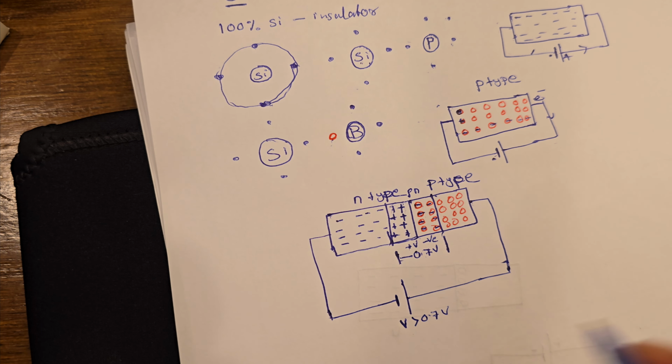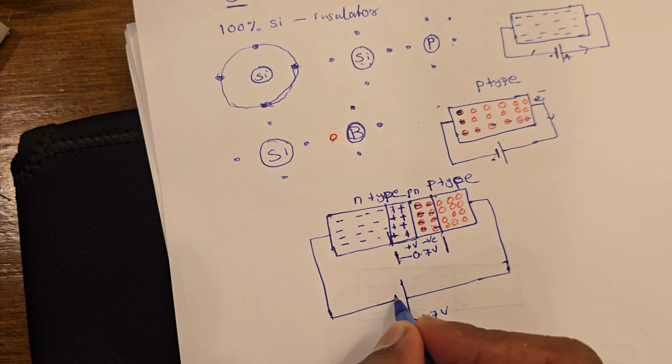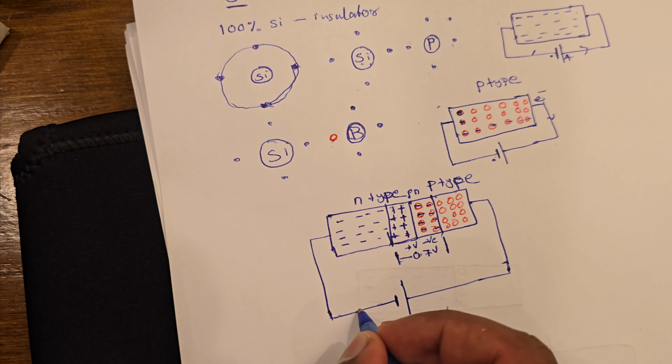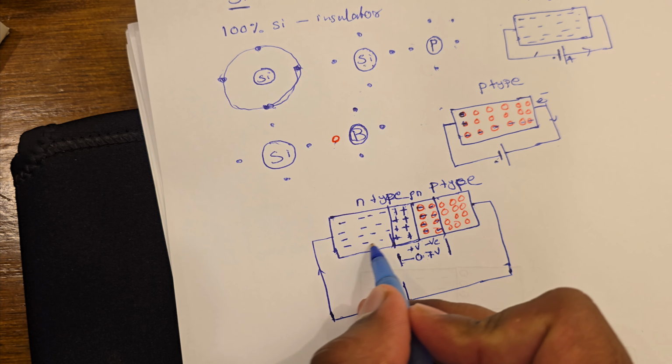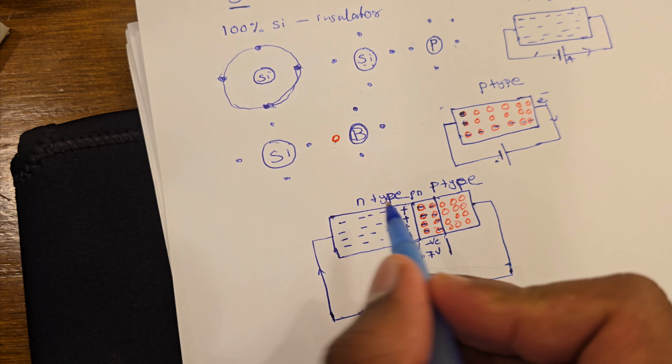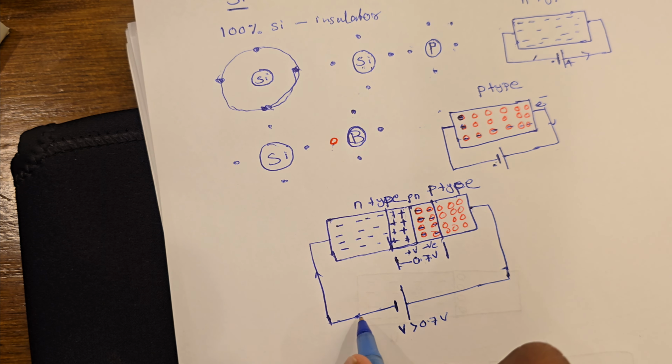What happens? This is the negative terminal of the battery. The electrons start to flow from the negative terminal in this direction through this wire to the n region. So we know there are so many free electrons, and also electrons are coming from here.